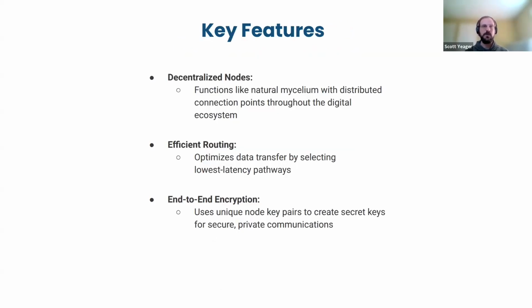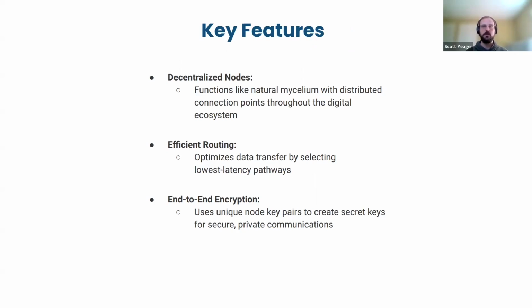Key features: we have decentralized nodes. The routing on the Mycelium network is handled dynamically through public nodes that you can connect to. That means any device, whether or not it has a publicly reachable address on the normal internet, can receive inbound connections over Mycelium.